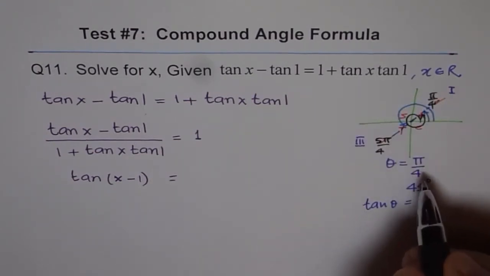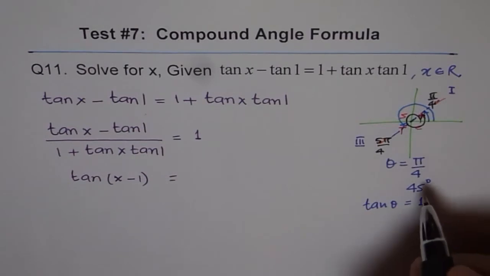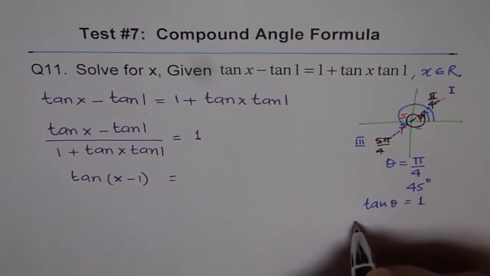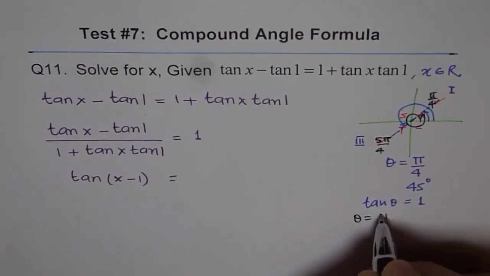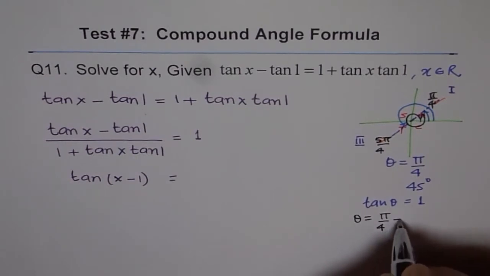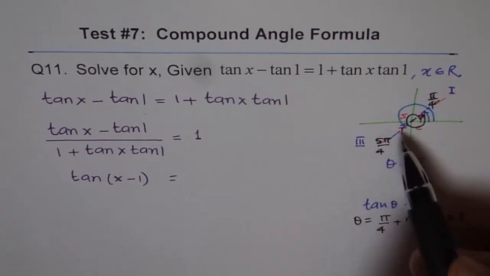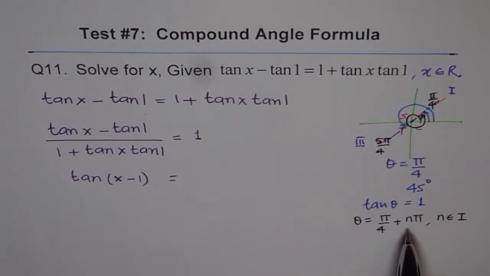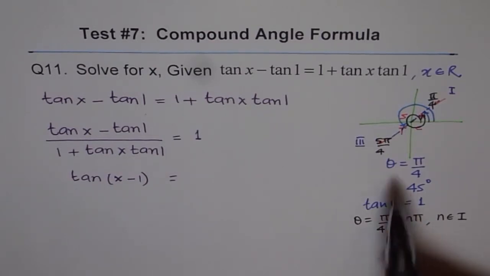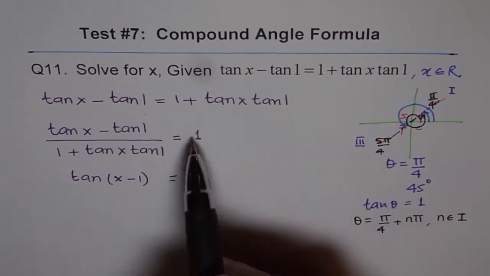So the answer in the domain of real numbers will be theta equals pi by 4 plus n pi, where n belongs to the set of integers. It could be plus or minus pi. That is what we're trying to say here. These are all the possible values of theta for which tan theta is 1.